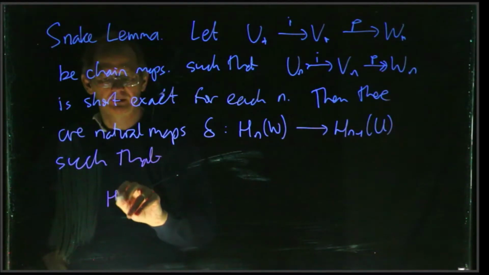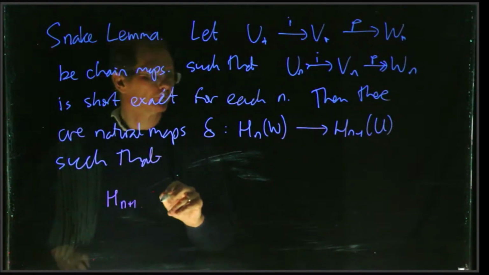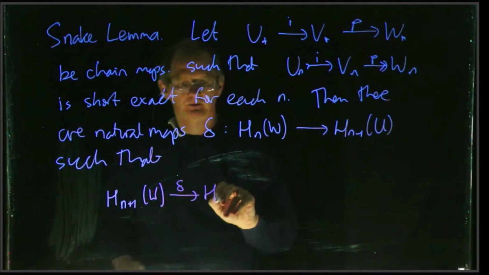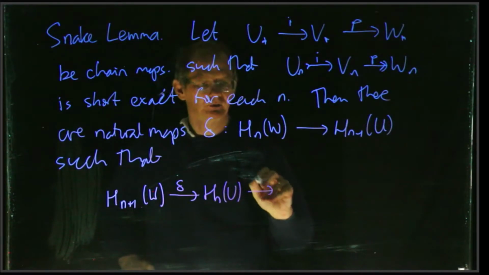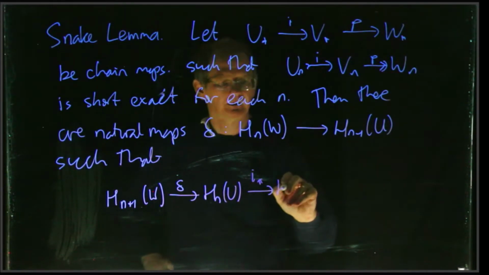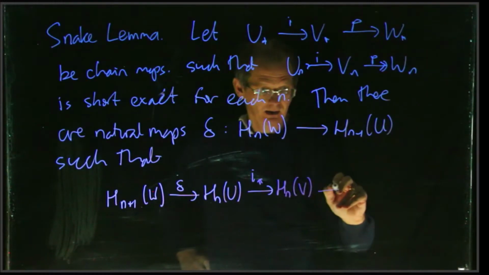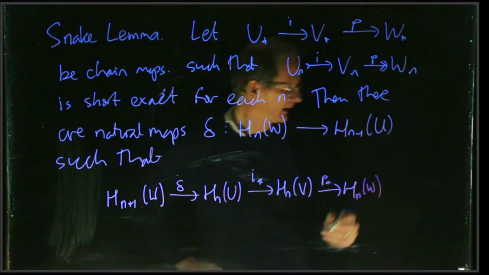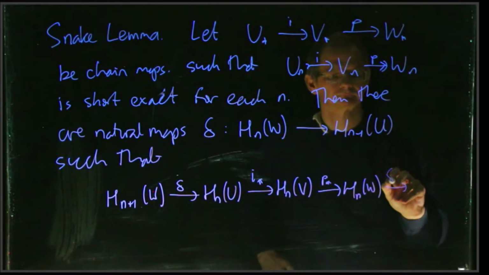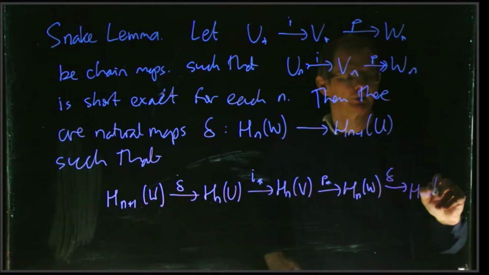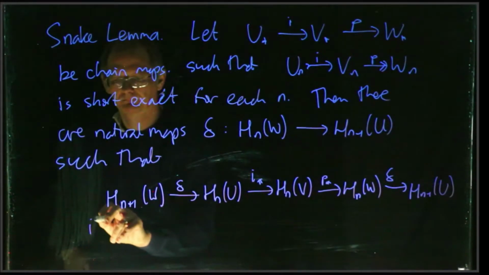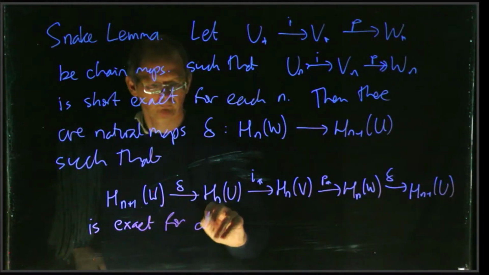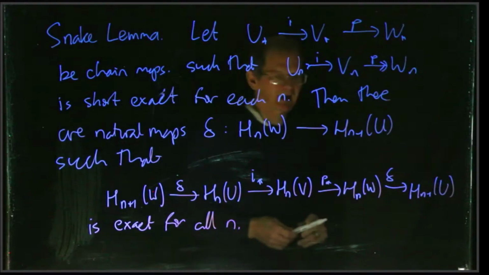Such that if we have H_{n+1} of W, then we do a delta to H_n of U, then you do your I lower star to H_n of V, and then P lower star to H_n of W, and then you do delta again to H_{n-1} of U. Well, it's going to be exact for all that.